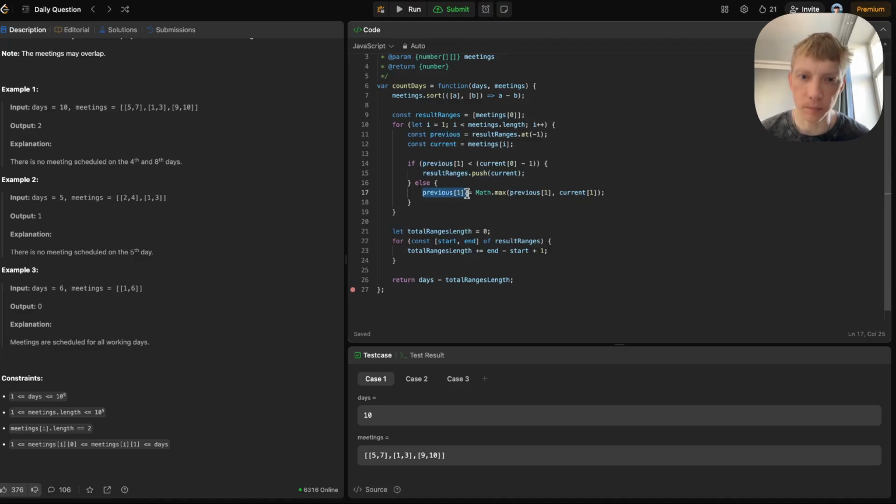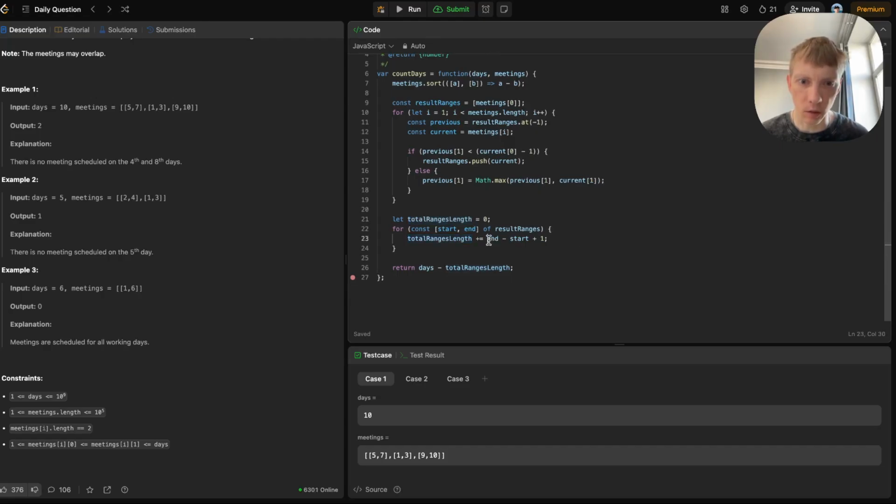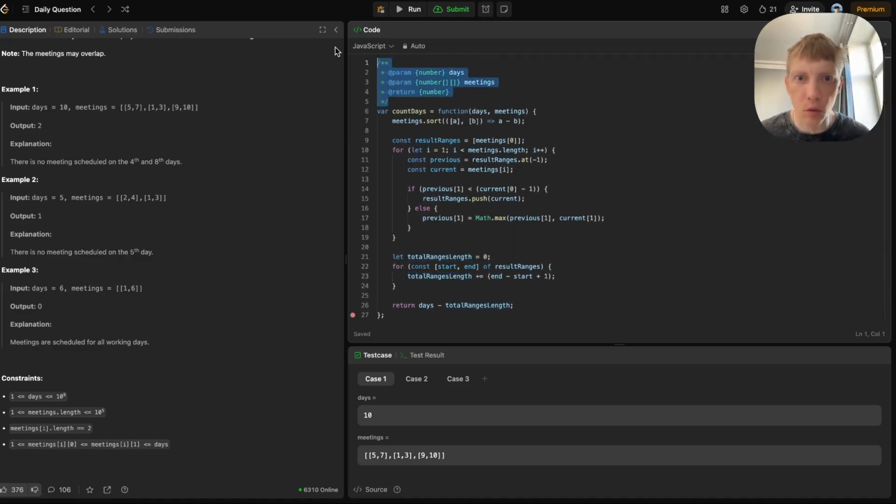In other case, we will set previous end to the maximum of previous end and current end, because meeting can be shorter. After, we'll calculate total ranges length using result ranges, and we summarize everything. Looks like it should work.